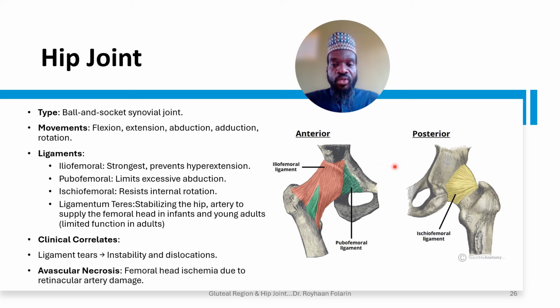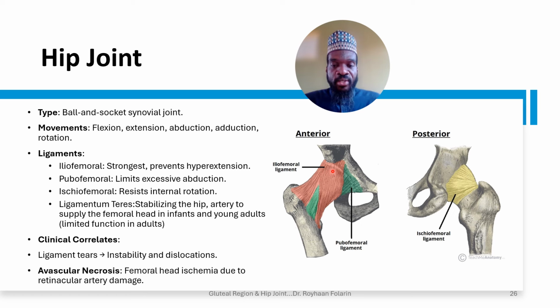So the hip joint, we therefore understand it as a ball and socket synovial joint, and a number of movements occur in it, including flexion, extension, abduction, adduction, and rotation. It has a number of ligaments responsible for the stability of this joint.